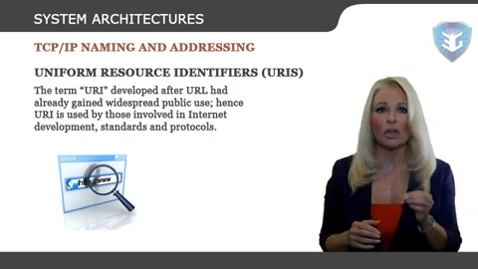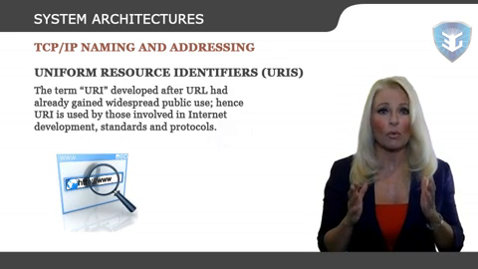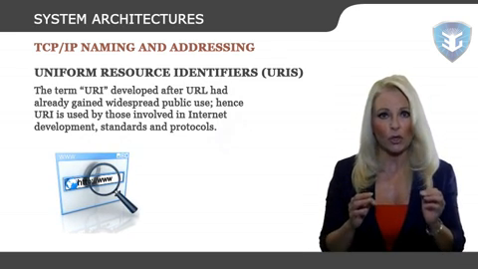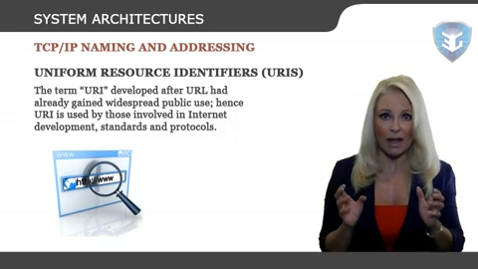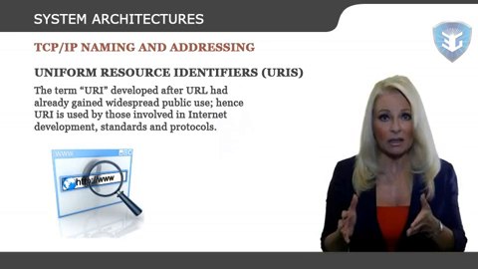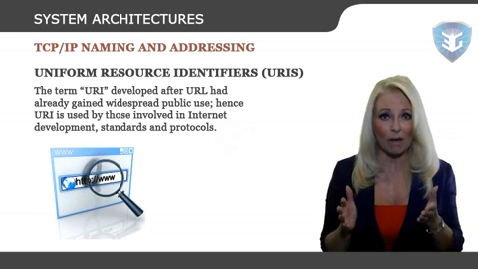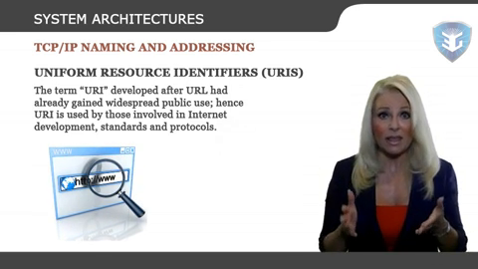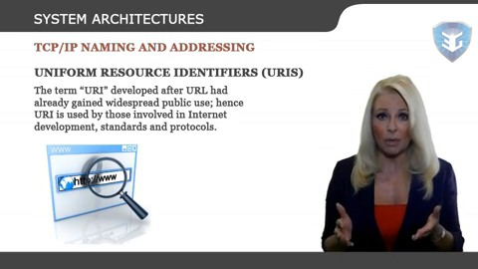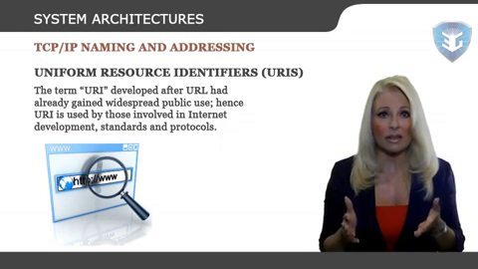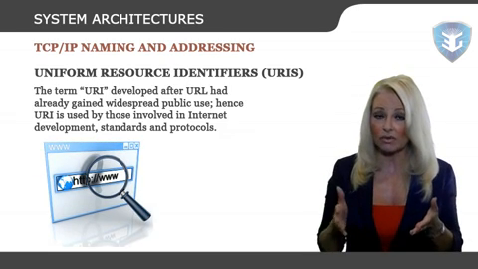Let's now have a look at Uniform Resource Identifiers, URIs. The term URI developed after URL had already gained widespread public use, hence URI is used by those involved in Internet development, standards, and protocols, while URL is the prevalent term outside those circles.